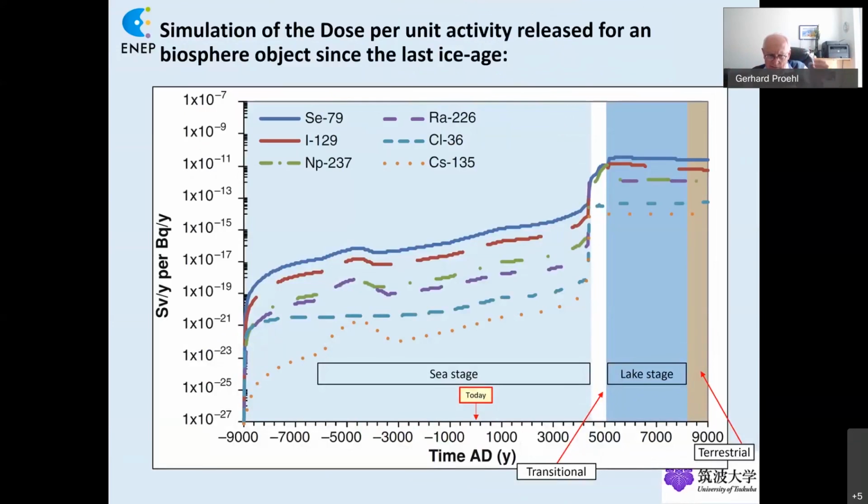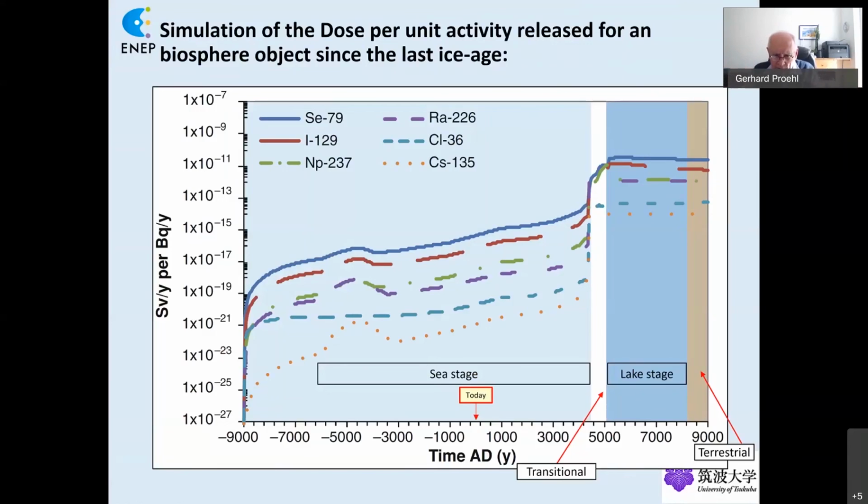So it assumes that the discharge happened 9,000 years ago and is still ongoing. And they look at these famous radionuclides: selenium-79, iodine-129, neptunium, radium, chlorine, and cesium-135.